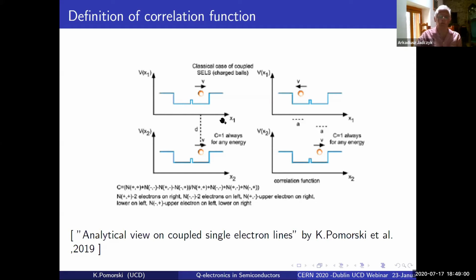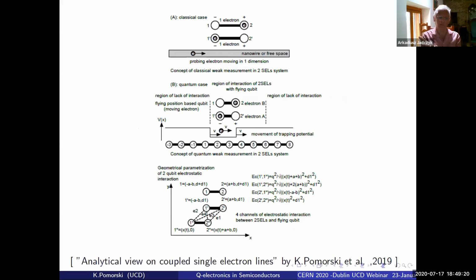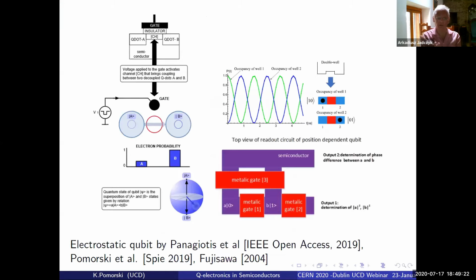Question. Before you go to correlation of two qubits, let me check whether I understand this one qubit. You said we can make measurements to determine a square plus b square, and then we can do another measurement to determine the phase difference between B and A, right? Yes.